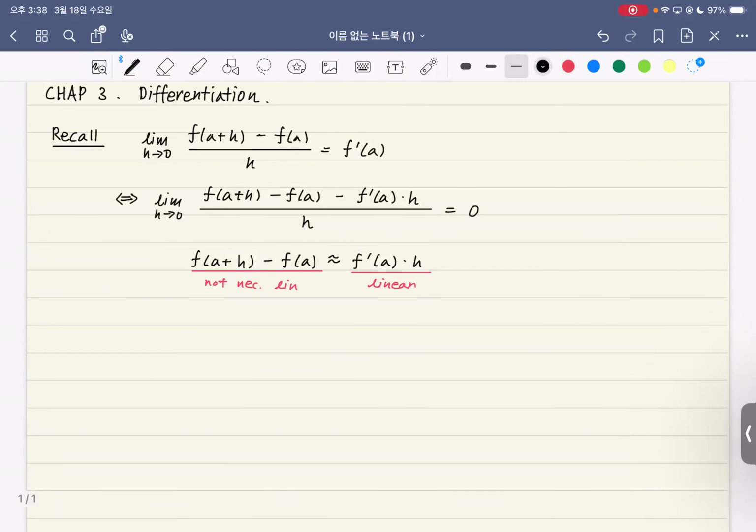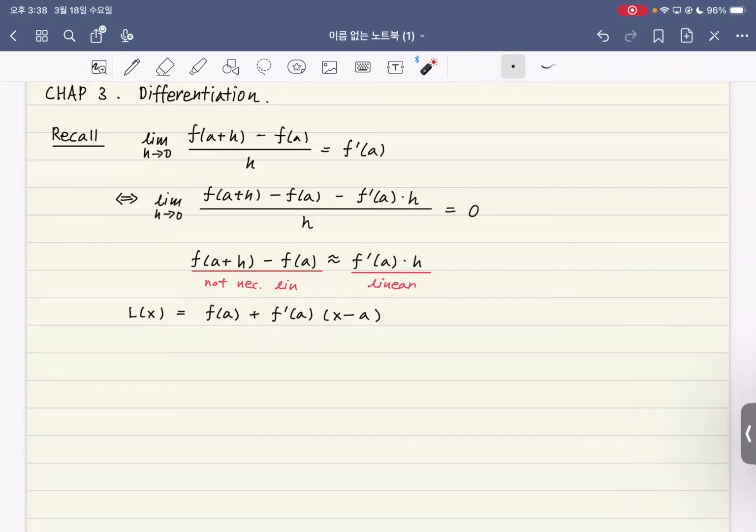I guess you have seen this equation before. This is sometimes called the equation of the tangent line at a given point.